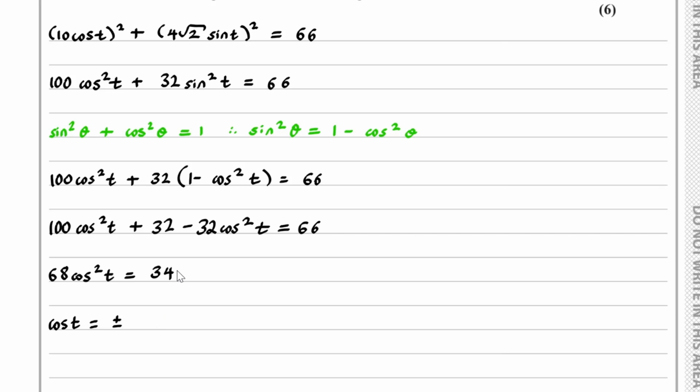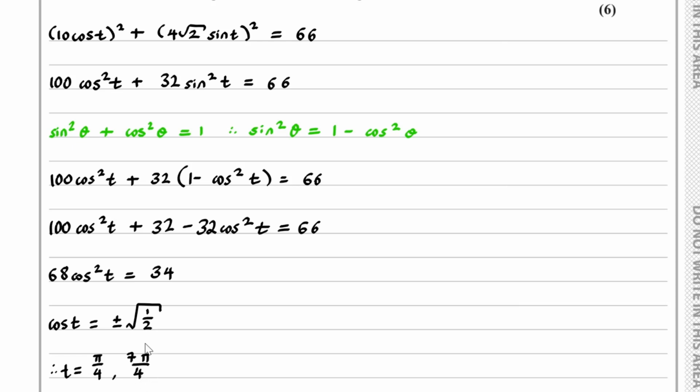So cos t is equal to plus or minus the square root of 1/2. Okay? So from this we can find out what t is. So therefore t is equal to pi over 4 and 7 pi over 4.